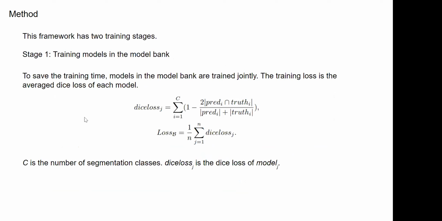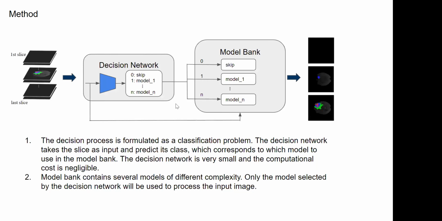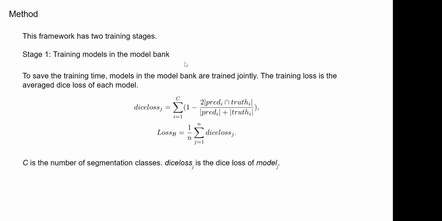Next is the training for the framework. There are basically two steps to train the whole framework. The first step is to train the model bank, which is just a group of different segmentation models. We can train them independently following standard training schedules, but to save training time, I am training them jointly.